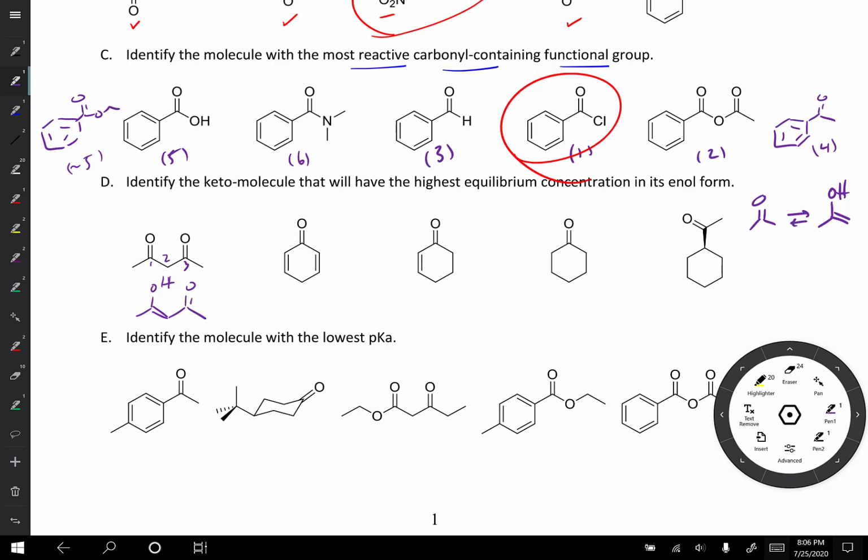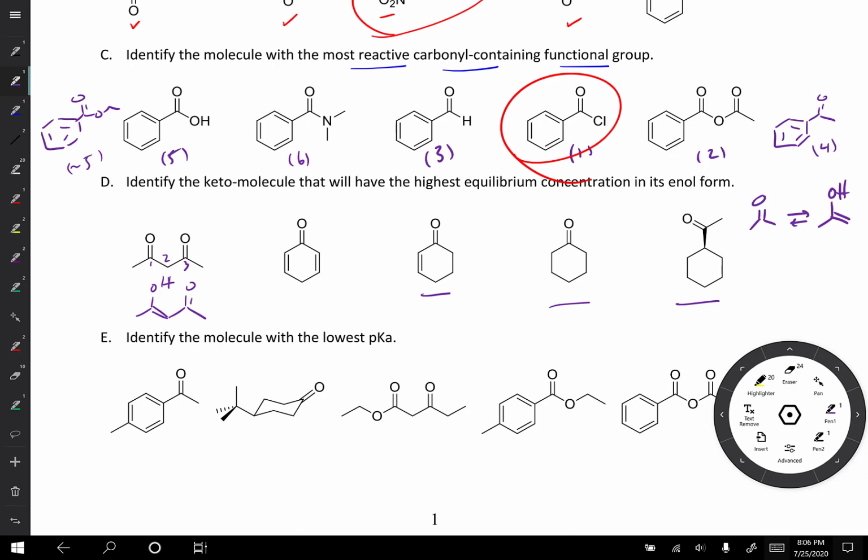This would be more favored than, say, either of these 2 carbonyls, okay? We're looking at the highest equilibrium concentration in its enol form. So the 2 on the right are not providing any additional support of wanting that enol form. The 1,3-dicarbonyl is better. And here we have an alpha-beta unsaturated carbonyl, where this would provide some additional stability.